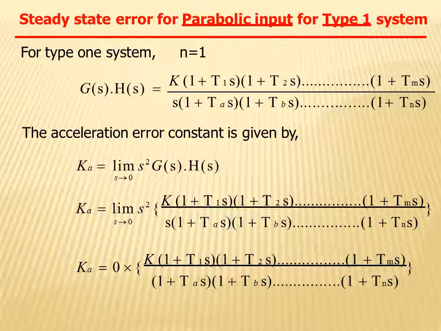The acceleration error constant is given by Ka = limit as s tends to 0 of s square G(s)H(s). Substitute the value of G(s)H(s), then take the limit.